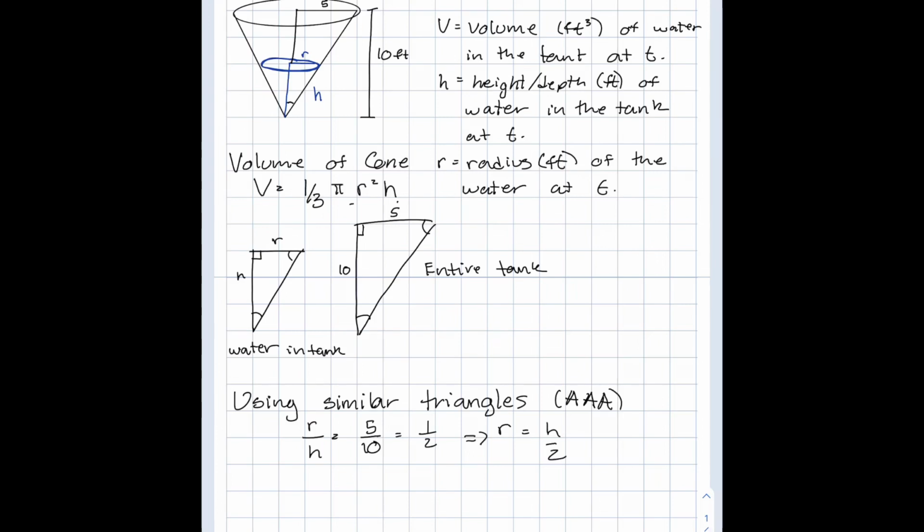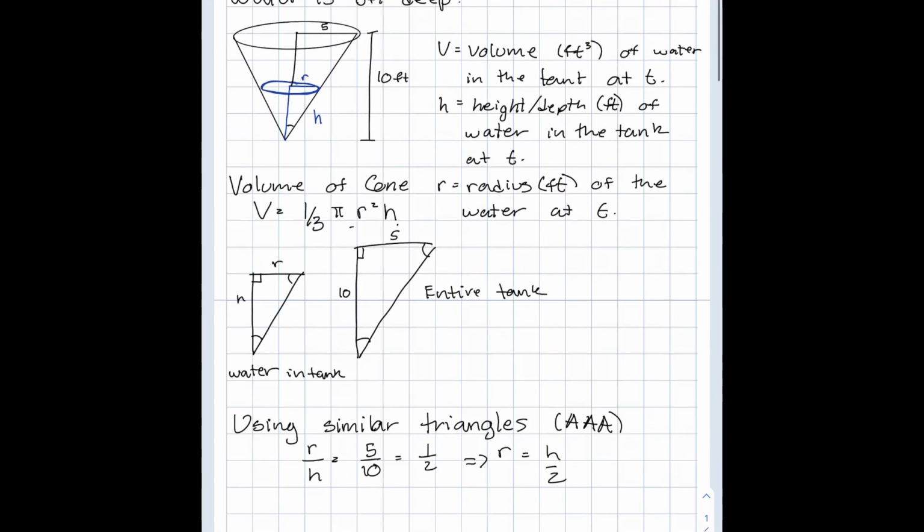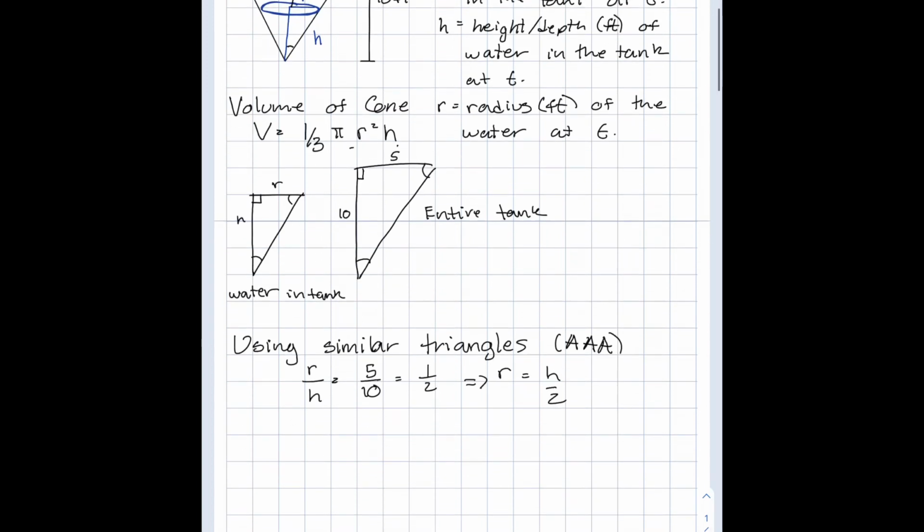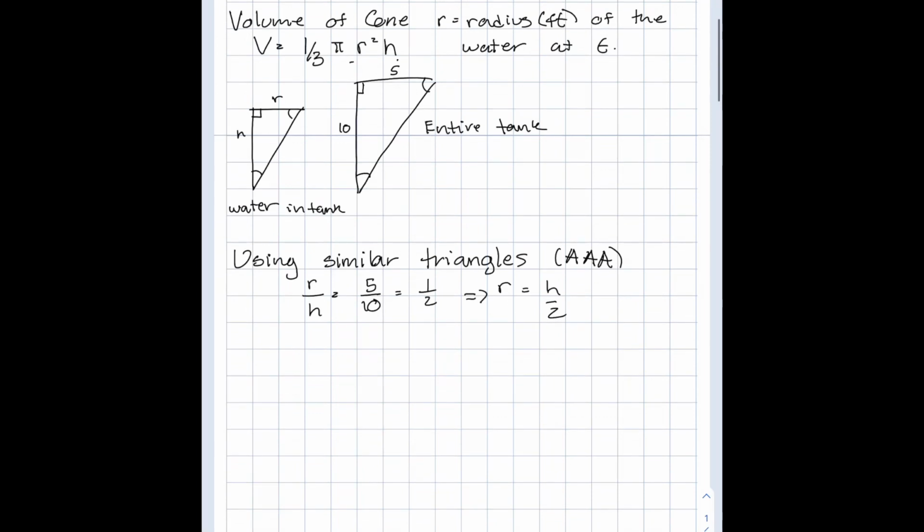I need to find the rate at which the height of my water is growing with respect to time when the water is 6 feet deep. So I'm going to take my volume equation and replace r with h over 2.